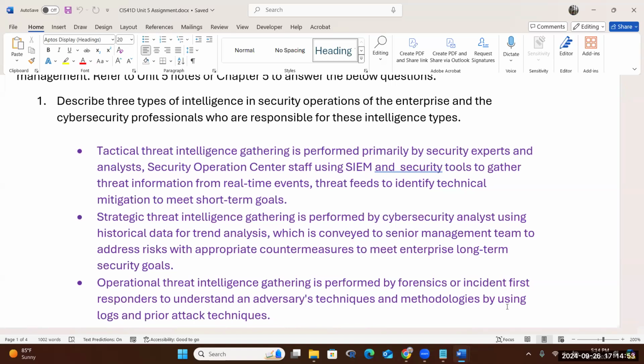Strategic threat intelligence, this is performed also by cybersecurity analysts, and it would use historical data or trend analysis. So we would go back to logs and network data information or captures to be able to evaluate and gather information that can be for long-term goals. So this is for the bigger picture, right?